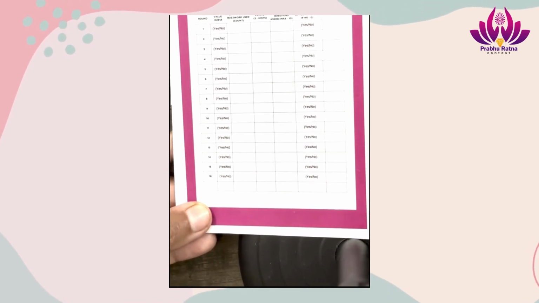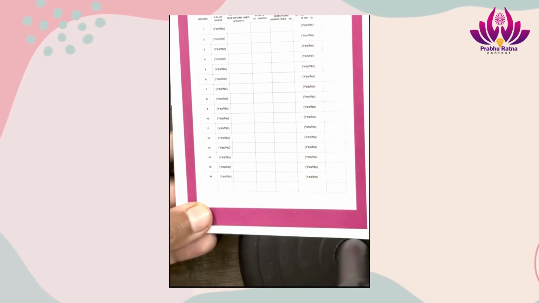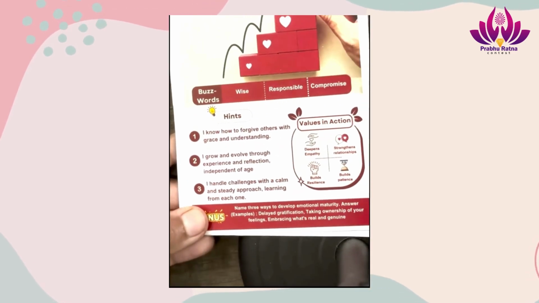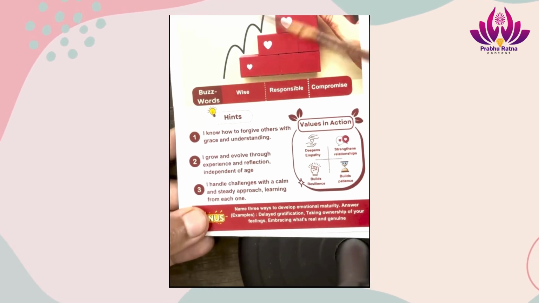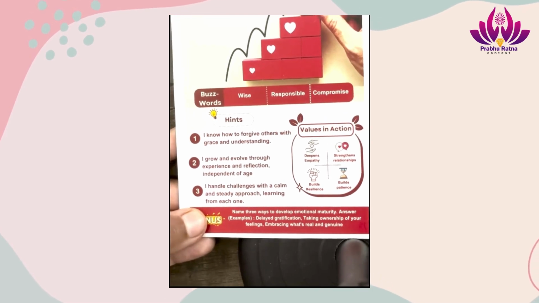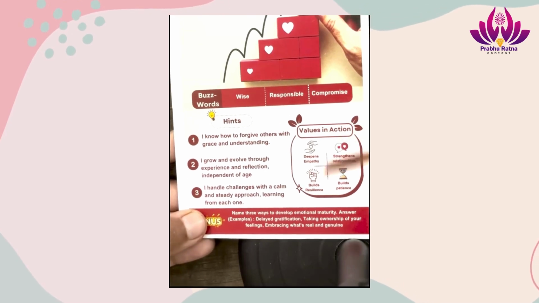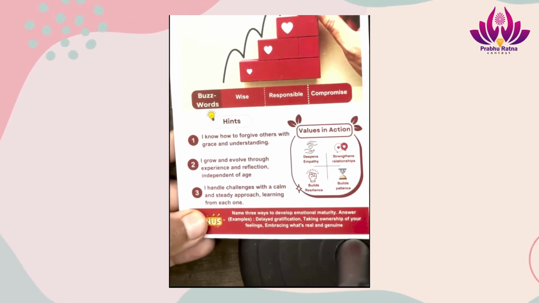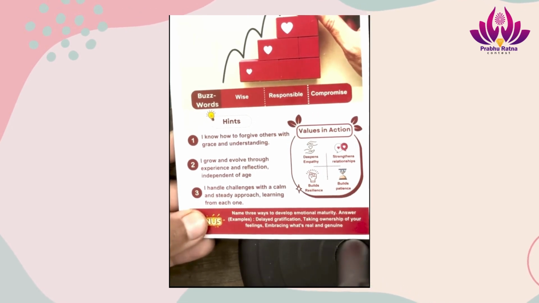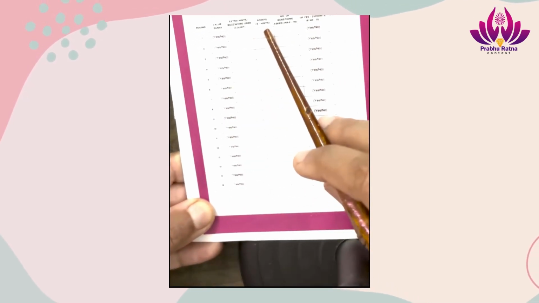Now coming to the scoring system of the game. Every round starts with a maximum of 5 points. Let's say in this example, if my friend guesses the right value, maturity, with only the first 2 buzzwords that were given and the questions that she would ask, without any extra buzzword or hint, she will get the maximum 5 points, as you can see here.